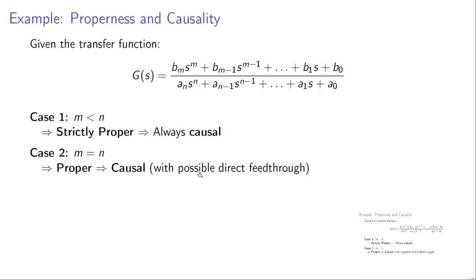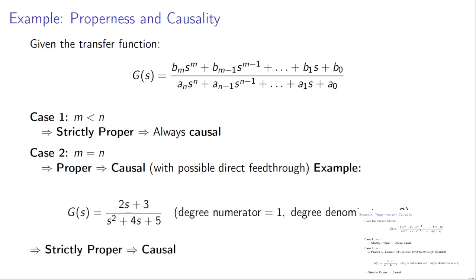It's causal with possible direct feed-through. It means that the control input can have a direct effect on the output of the system. So your input is acting directly on the output of the system, like a link from the input going directly to the output.